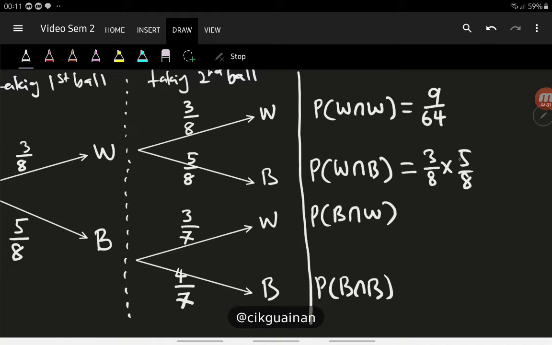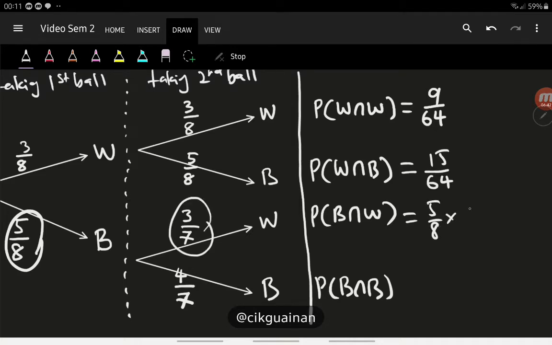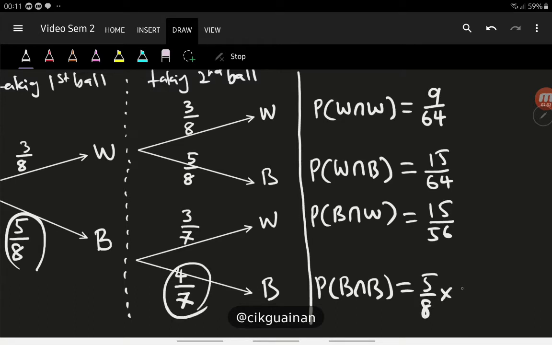The next one, 5 over 8 multiplied by 3 over 7, gives 15 over 56. The last one, 5 over 8 multiplied by 4 over 7, gives 20 over 56.